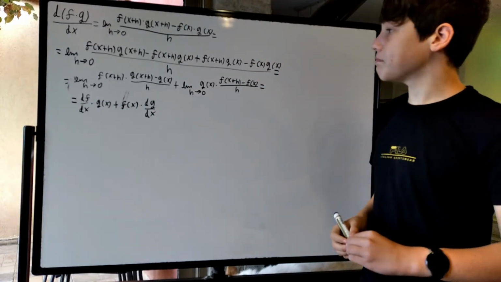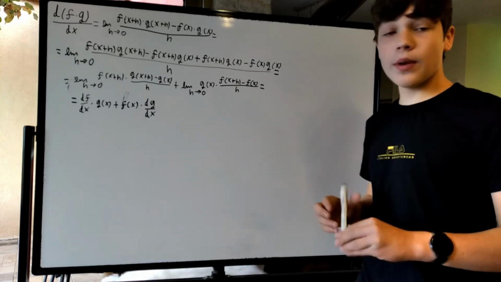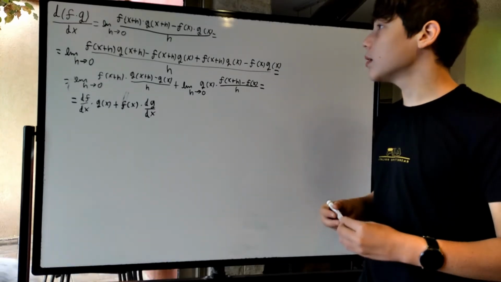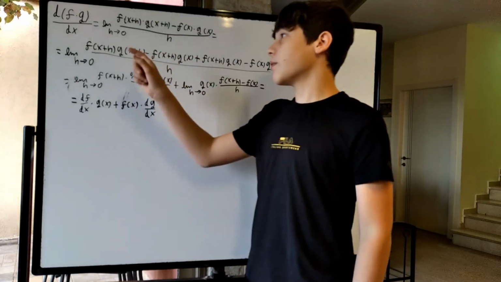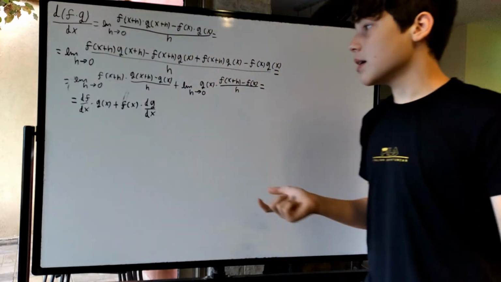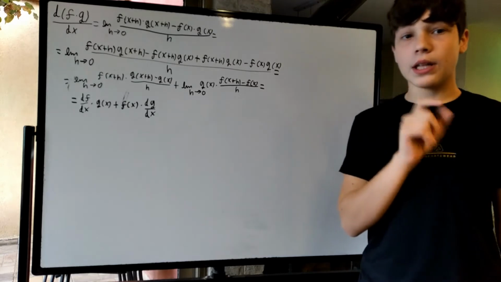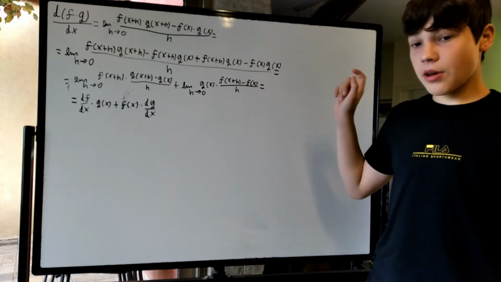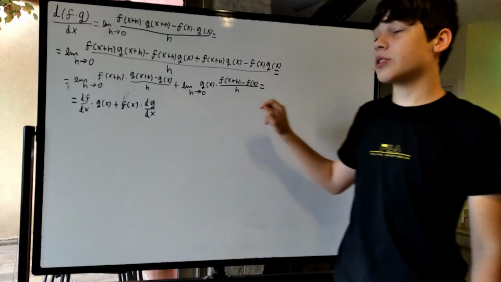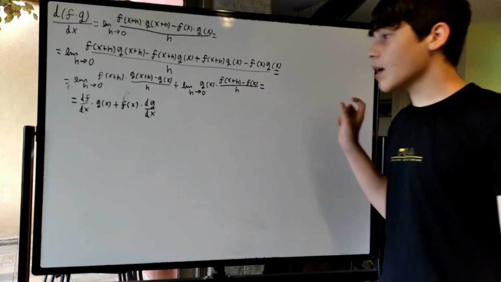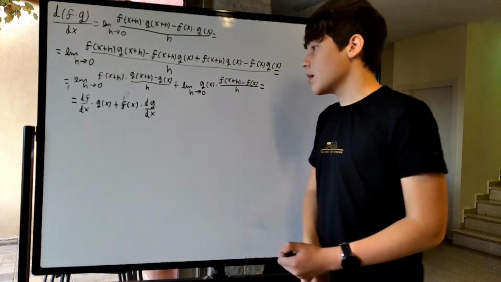And that's a very nice rule. So the derivative of a product is just taking one term, taking the derivative, multiplying by the other term without the derivative, and then doing the same the other way around and summing it up.